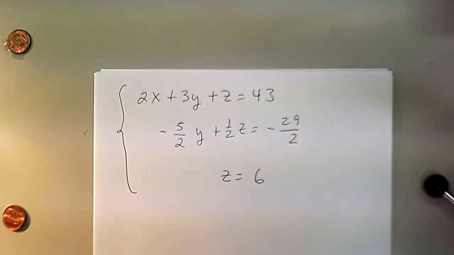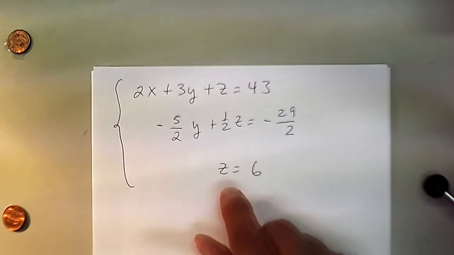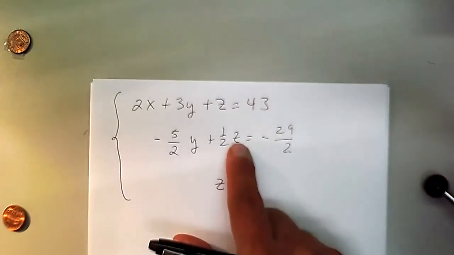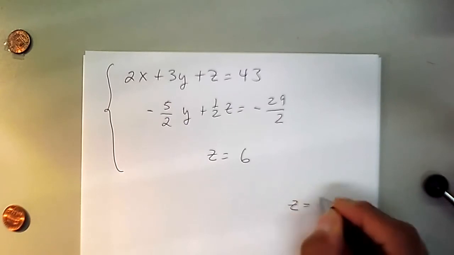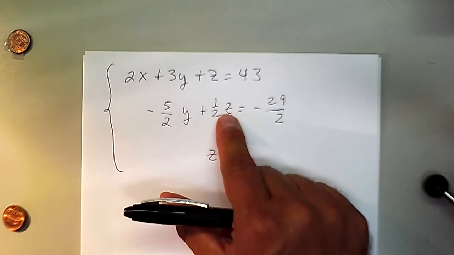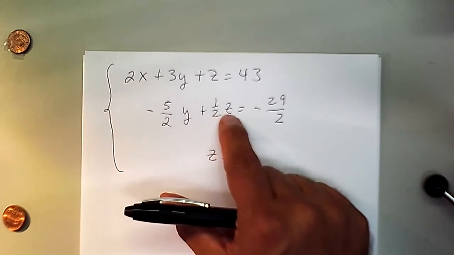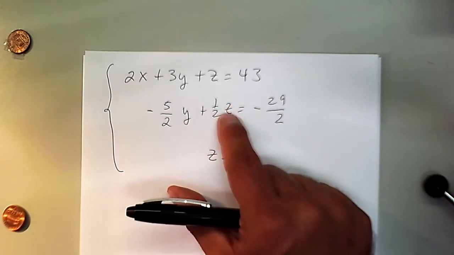If we want to solve the system of equations, then we go farther and we say, okay, if z is 6, so that's already established, then that is 3, because 6 divided by 2 is 3. Or the other way to put it is 6/2.